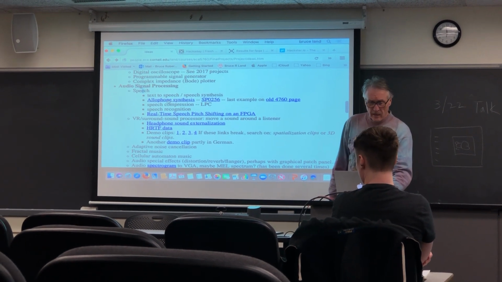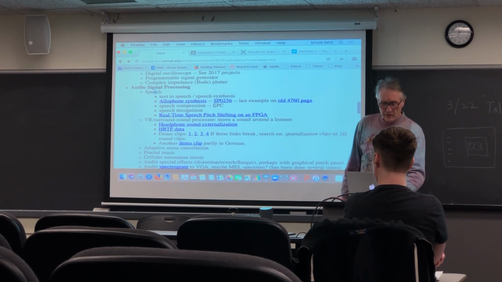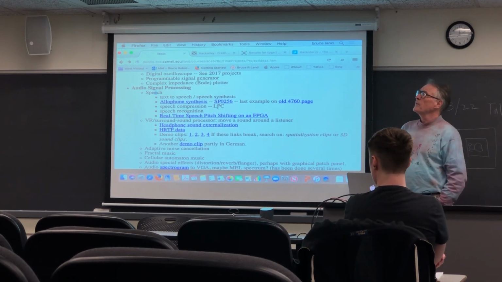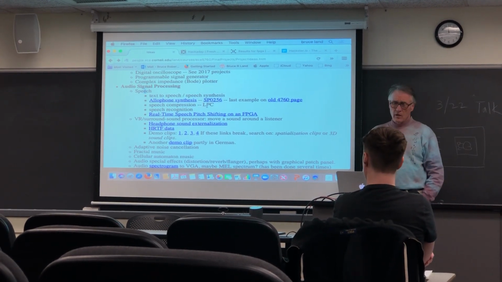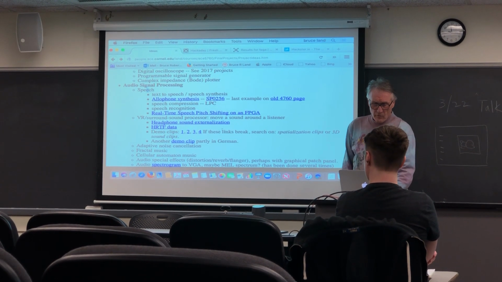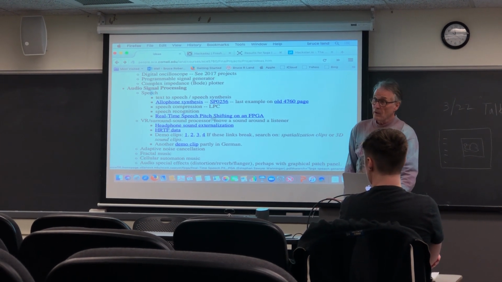Text-to-speech, speech synthesis, allophone synthesis, speech compression by linear predictive coding. That's a fairly compute-intensive process. It's not quite FPGA level, but it could be a part of a project that could be fun. Real-time speech pitch shifting is difficult.